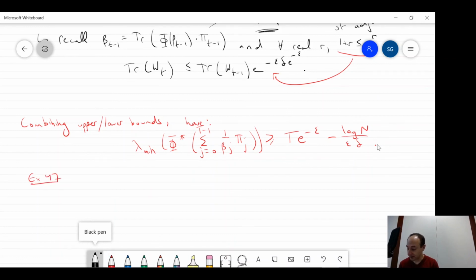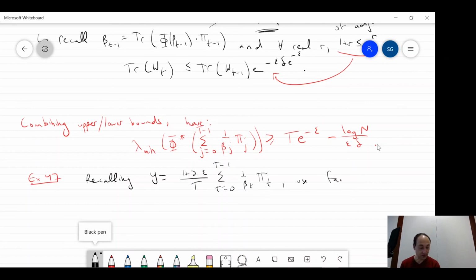Okay, and that states that, recalling the definition of y, 1 plus 2 epsilon over t times the sum over t equals 0 up to t minus 1 of 1 over phi, so 1 over beta t pi t.